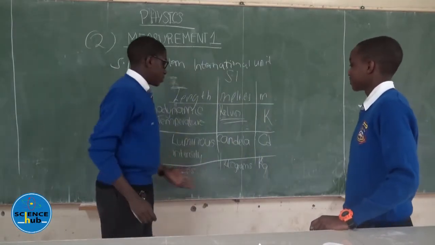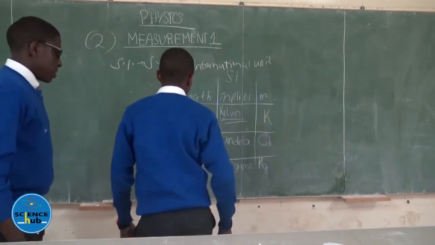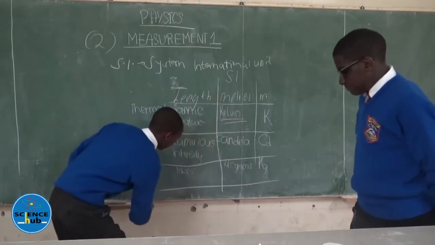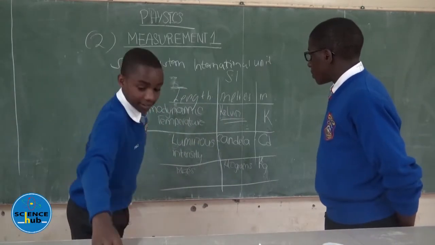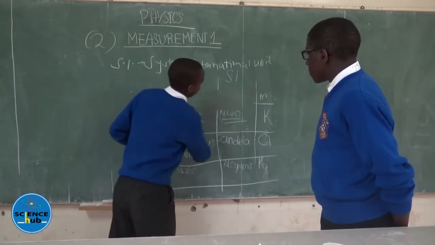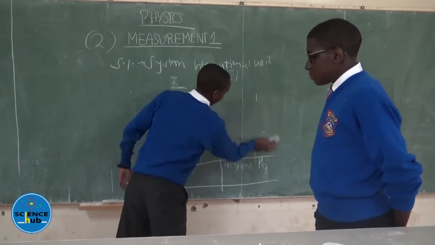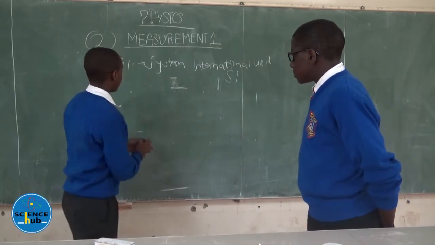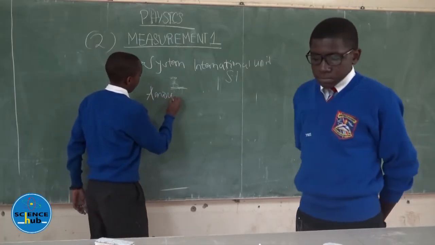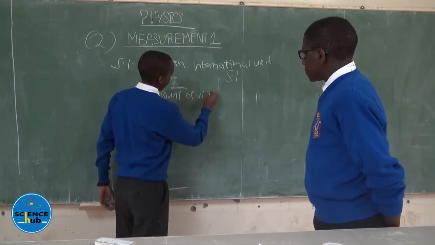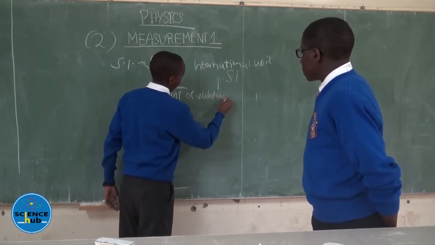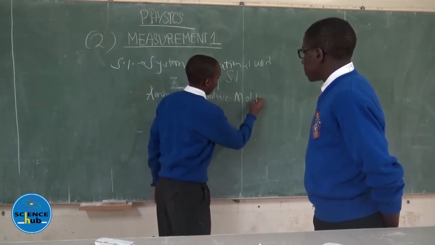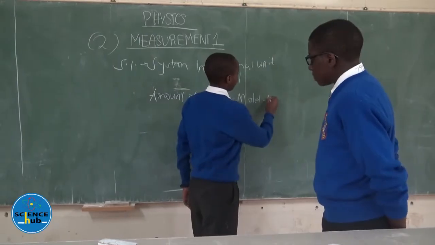I'd like my friend Ian Ochako to explain more about the other quantities. More to it, we also have the amount of substance, whose SI unit is mole, and the symbol is mol.